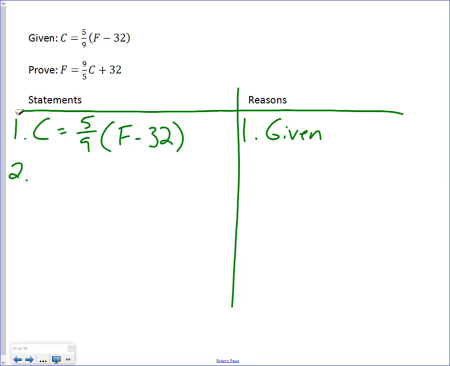A second choice was to divide by 5/9. So you can divide by 5/9, but what does dividing by 5/9 look like? Yeah, so multiplying by 9/5 is probably better than dividing by 5/9, right?